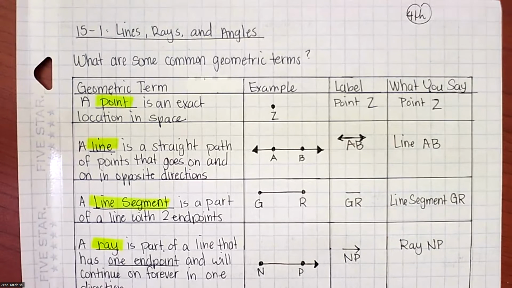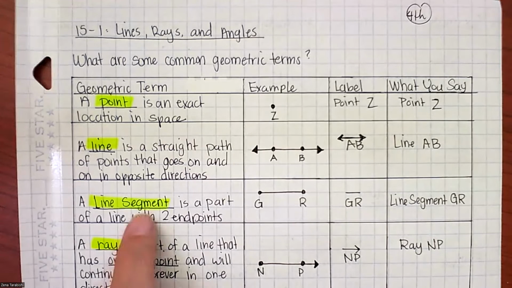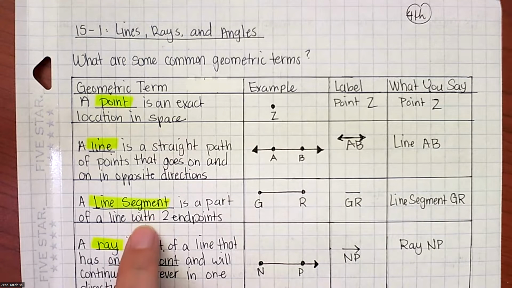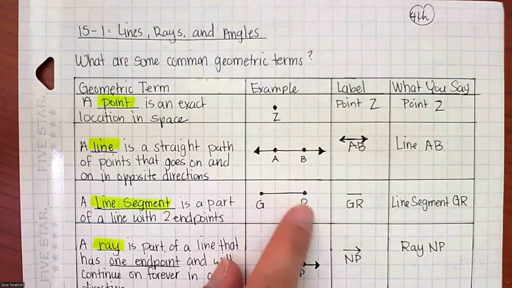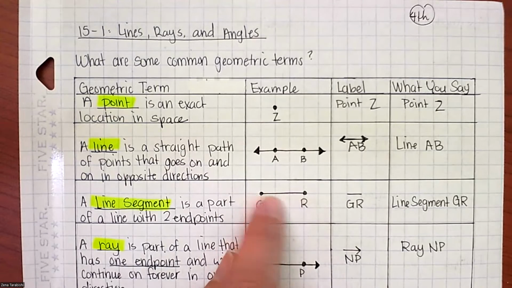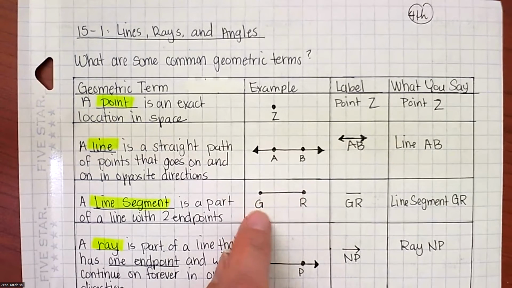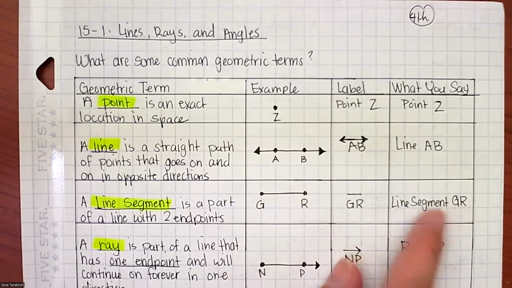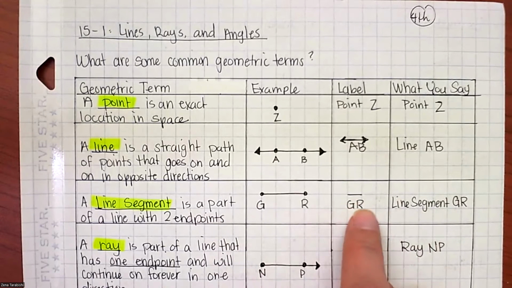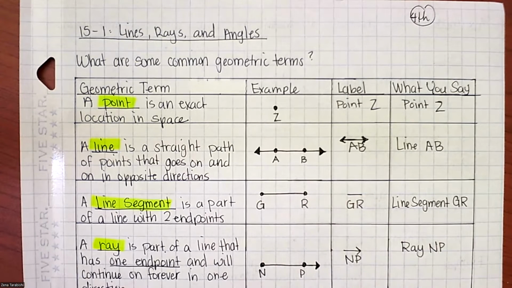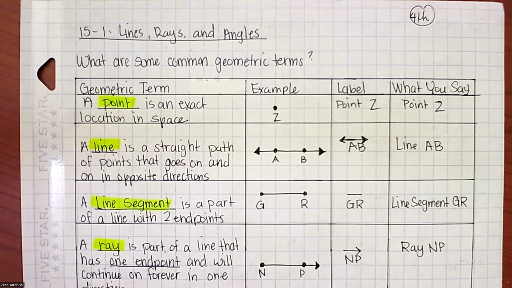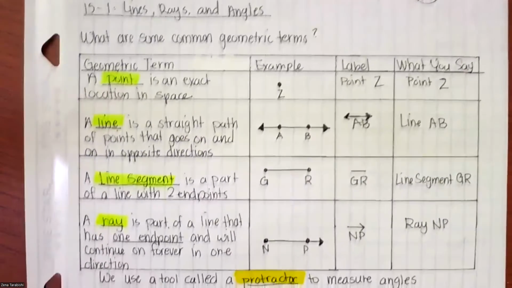Now the next one is a line segment. A line segment is part of a line that has 2 endpoints. It doesn't go on forever. This is the entire thing right here. So this is line segment GR, and you draw it like this. You're drawing the little line without the arrowheads on the end. And that's what tells you that it's a line segment.